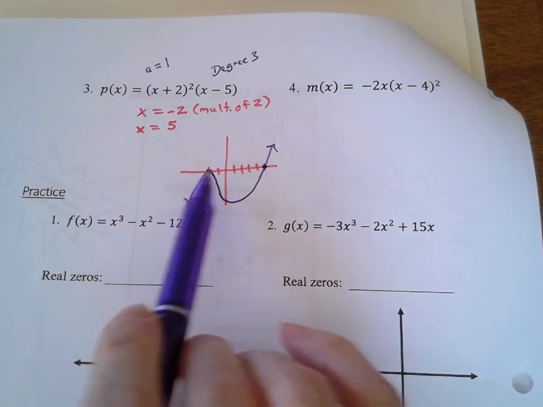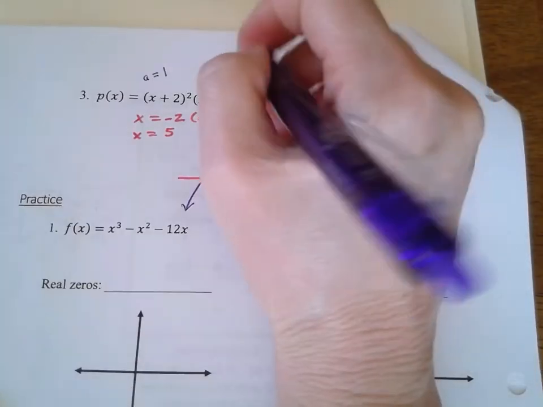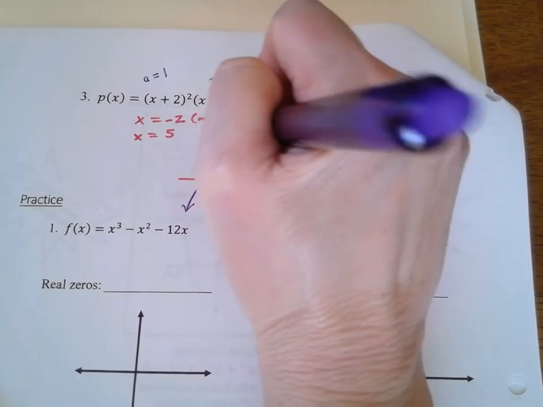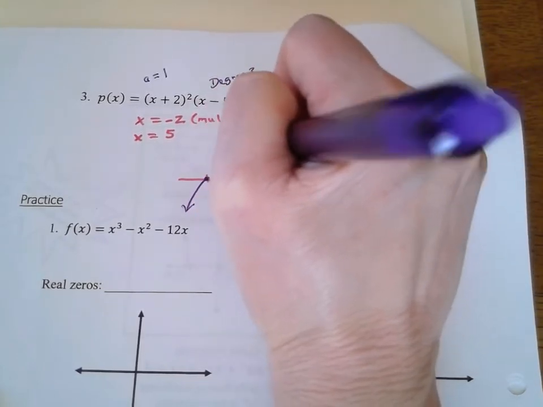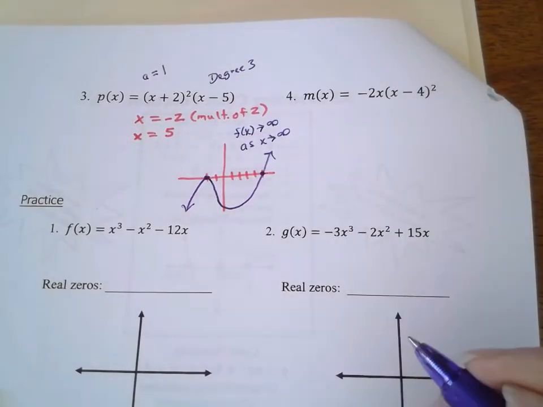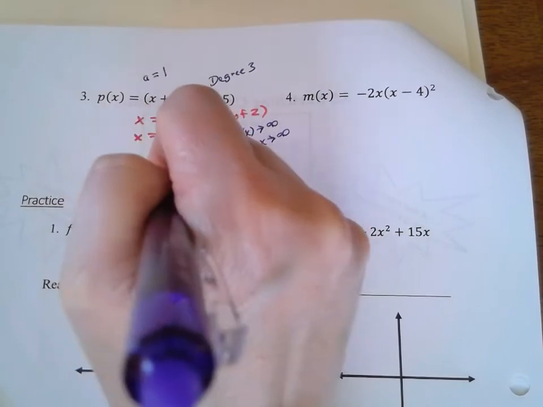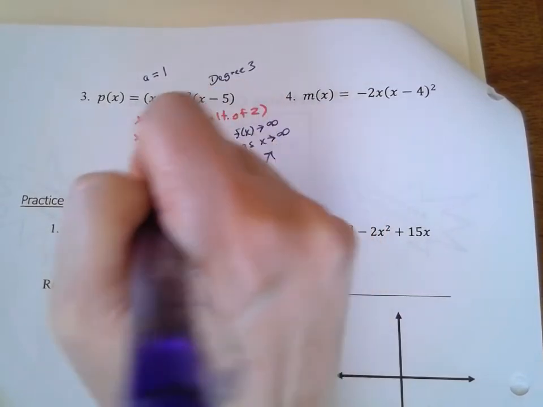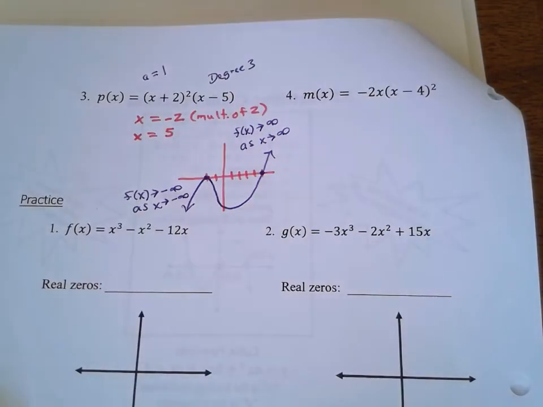Now, I'm not going to go back through the explanation of end behavior again, but I will write the end behavior. F of x approaches positive infinity as x approaches positive infinity. And on this side, f of x approaches negative infinity as x approaches negative infinity.